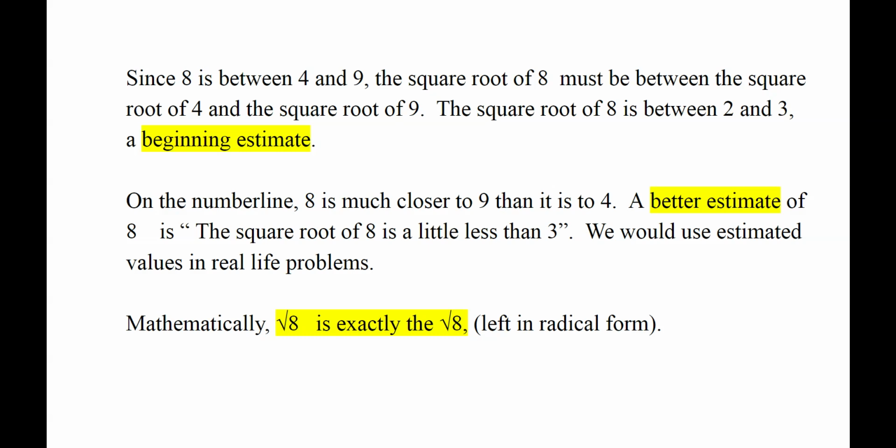We would use estimated values in real-life problems. But mathematically, the square root of 8 is exactly the square root of 8 left in radical form. You might notice that the tilted squares are the squares that do not have exact math facts finding their area.